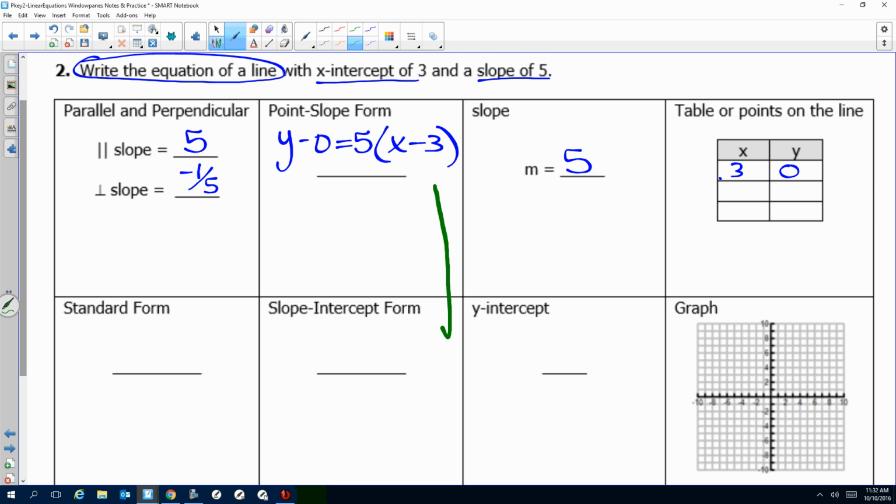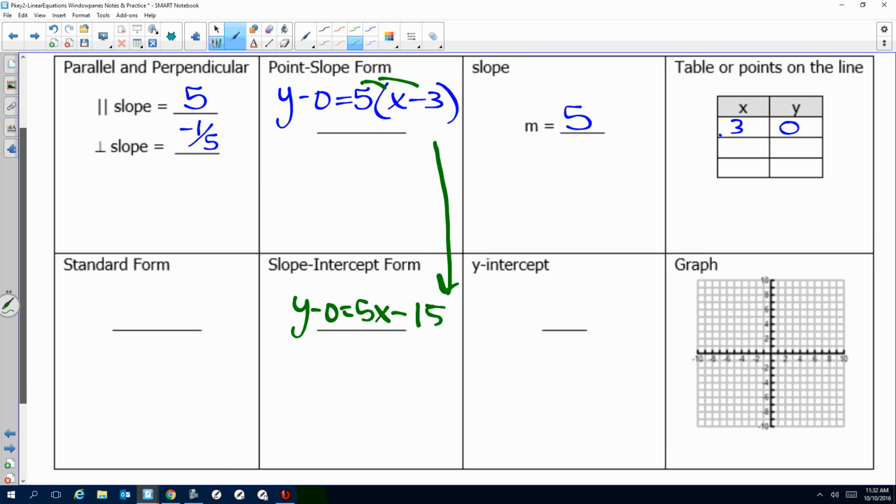To go from point-slope form to slope-intercept form, you're going to distribute and then solve for y. So I'm going to distribute the 5. That would give me y minus 0 equals 5x minus 15. But we already know what y minus 0 is.